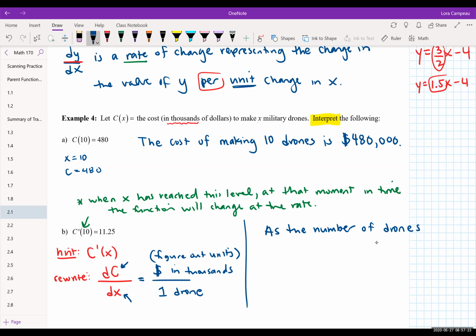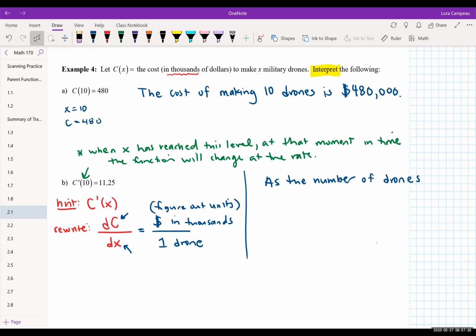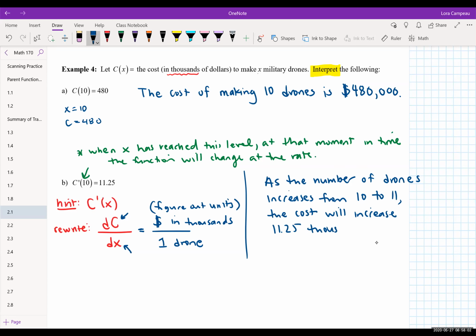But this is nice to plant the seed in your mind. As the number of drones increases from 10 to 11, so we're noticing unit changes. X values change by ones, so 10 would have to change to 11. The cost will increase, the Y value in this case, or the value of the derivative. So it will increase 11.25, but if we want to be careful, it's thousands of dollars.